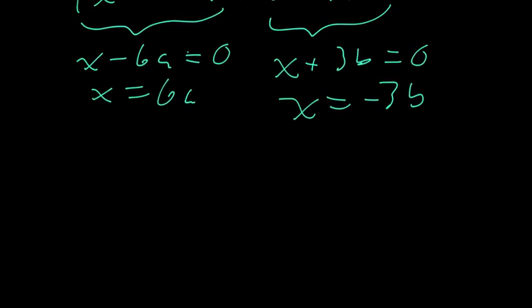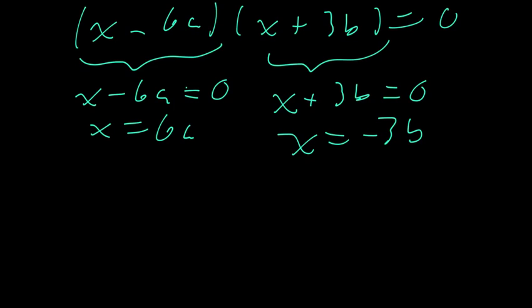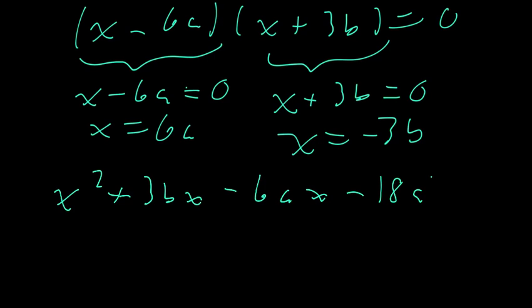So FOILing this, we get x squared plus 3bx minus 6ax minus 18ab equals 0. And then I'm going to do the same thing I did last time.